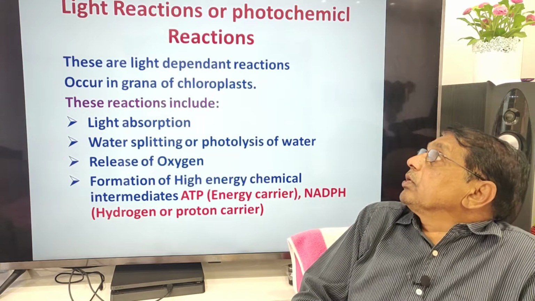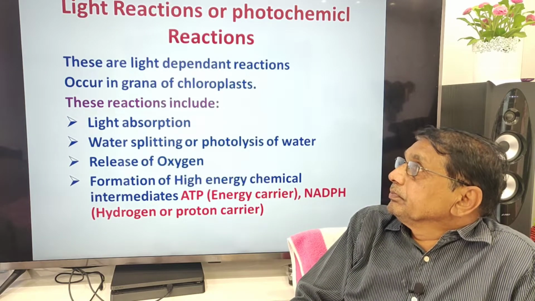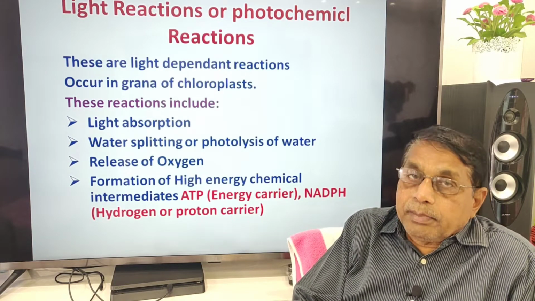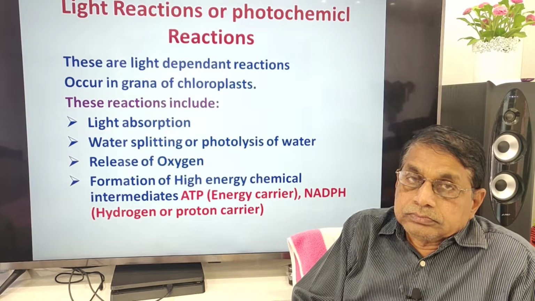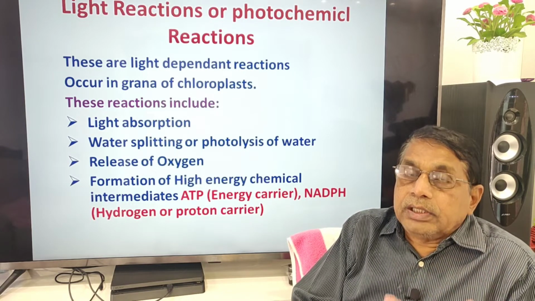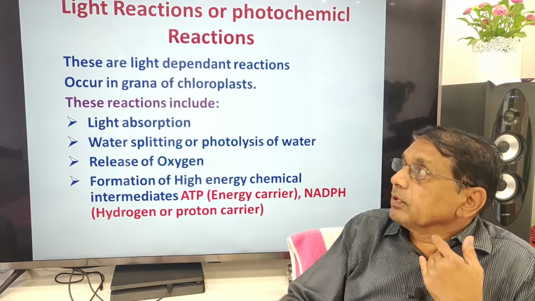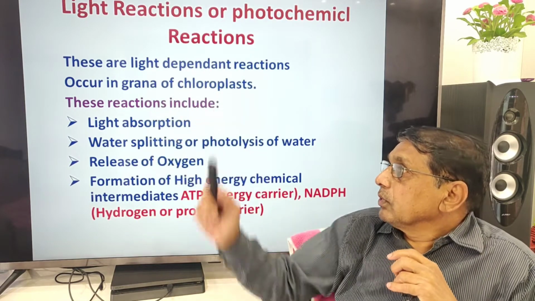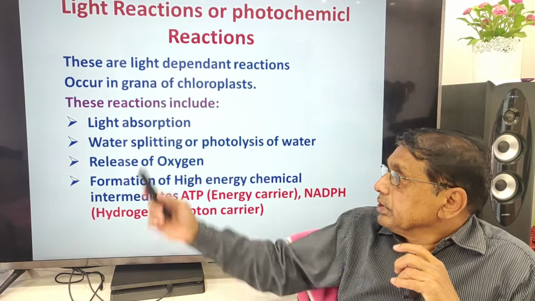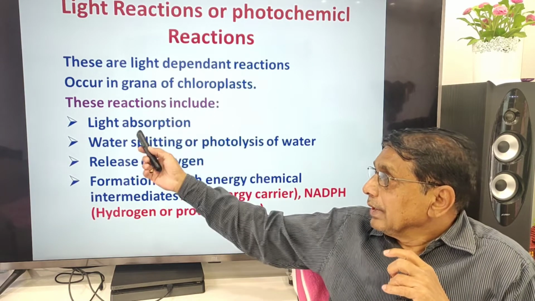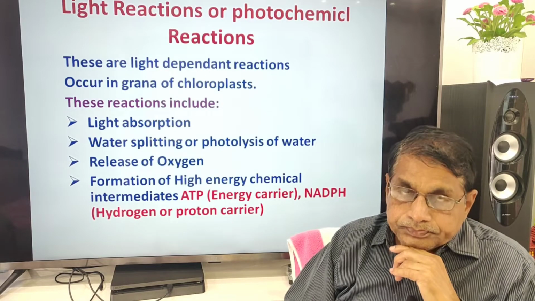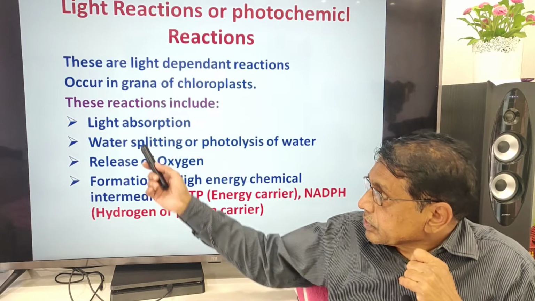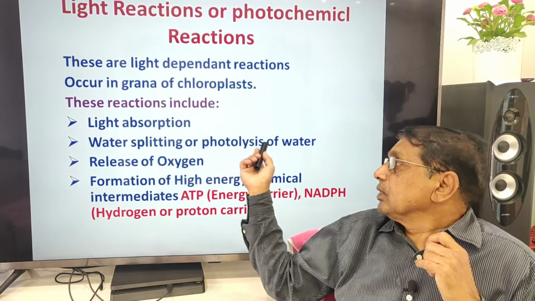Light reactions or photochemical reactions are light dependent because energy is required. That energy comes from the light, therefore they are light dependent. They occur in the grana of chloroplasts. These reactions include light absorption, next water splitting or photolysis of water.